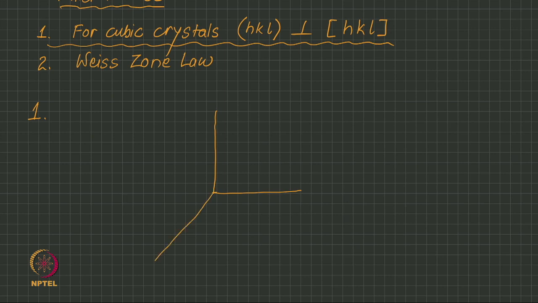So, let us assume that we have a cubic crystal system. In this case the crystal coordinate system is very close to Cartesian coordinate system, although it is still not Cartesian, because in the crystal coordinate system the vectors are of length a. So, they are not unit vectors.